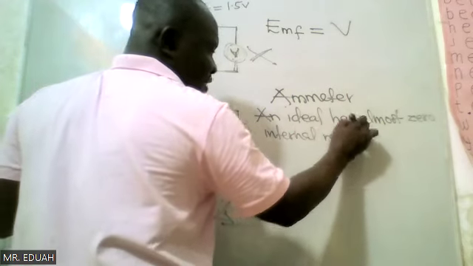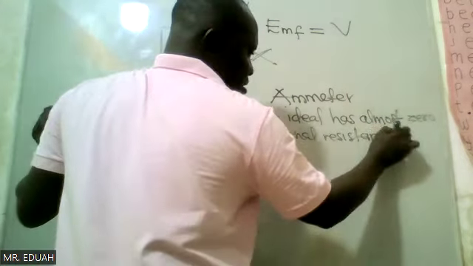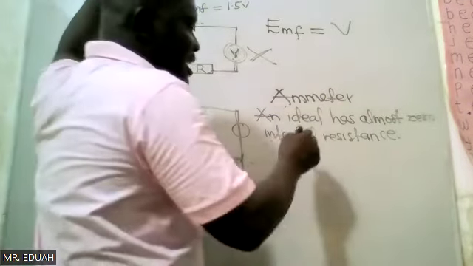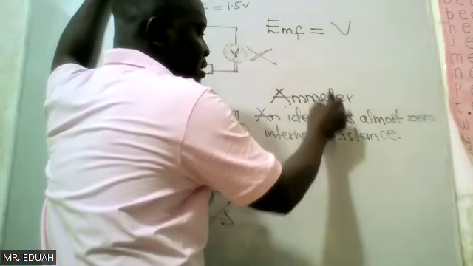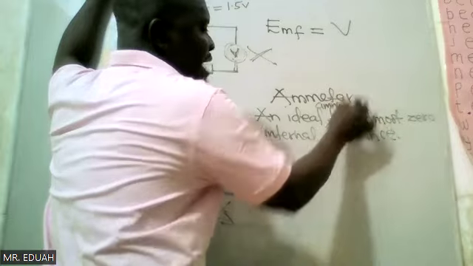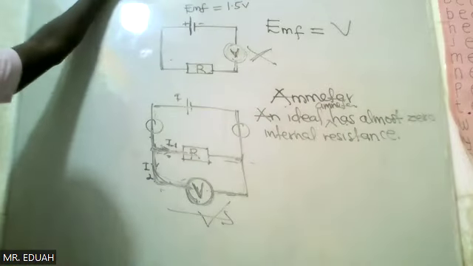The opposite of this. So an ideal ammeter has almost zero internal resistance.